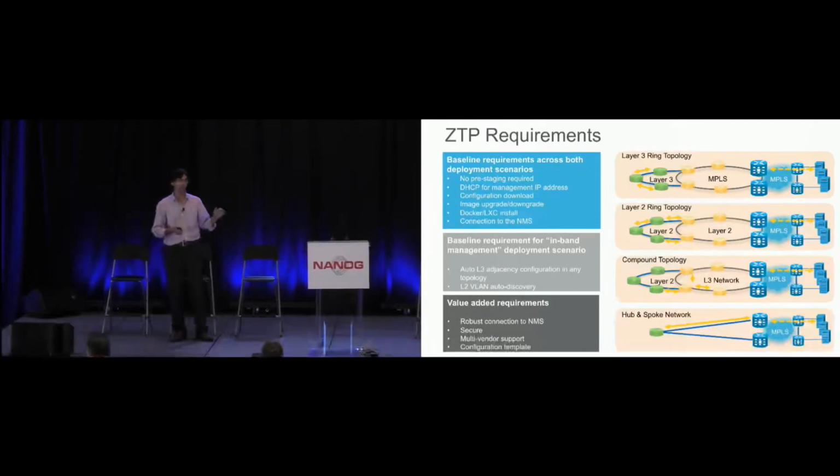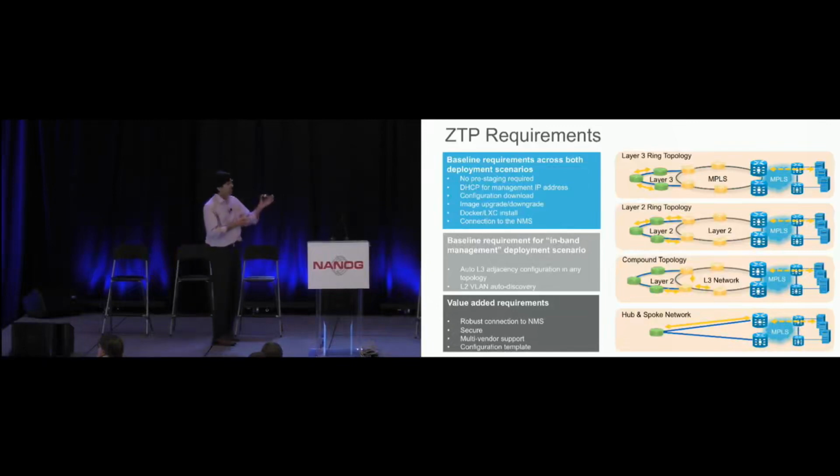I know multiple customers are still doing pre-staging. They put the configuration on the box and ship it to the facility, truck roll, and then enable the box. They call it ZTP, but it's not ZTP because it is specific to that environment. If you move it to a different environment, it won't work.